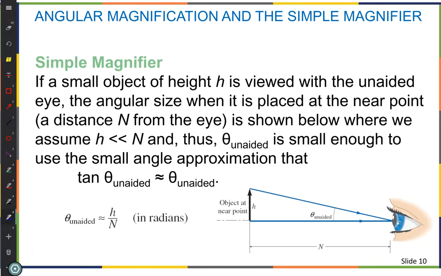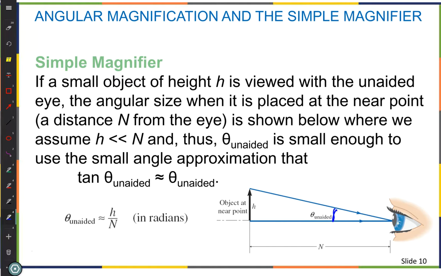So here we go. If you bring it to the near point, then you're going to have an angle. And notice, just like when we talked about making the diagrams for constructing an image from an object in a lens or an object in a mirror, we make this principal axis, and we put our object just sitting up from that principal axis. So if it's at the near point and it has a height h, then how would I find this angle?